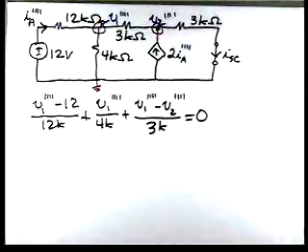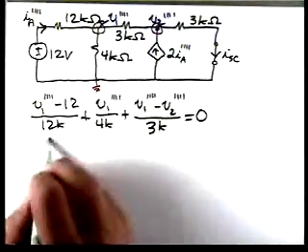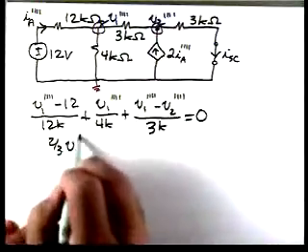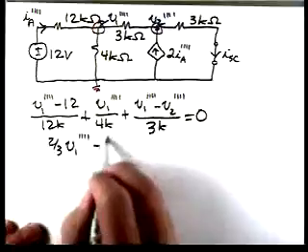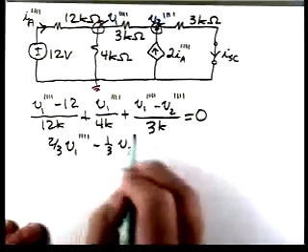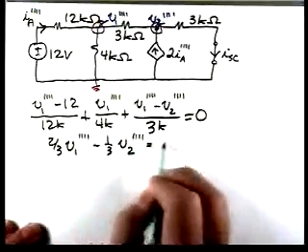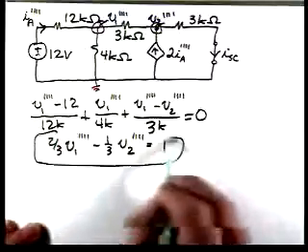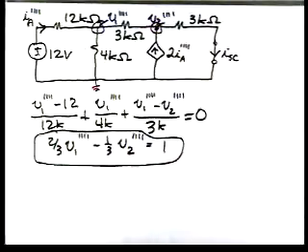We can reduce this equation to 2/3 times V1 minus 1/3 times V2 equal to 1. So there's our equation at the left node.